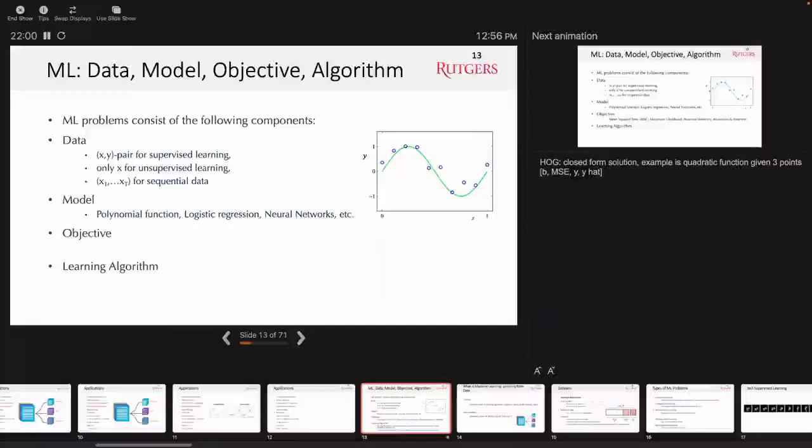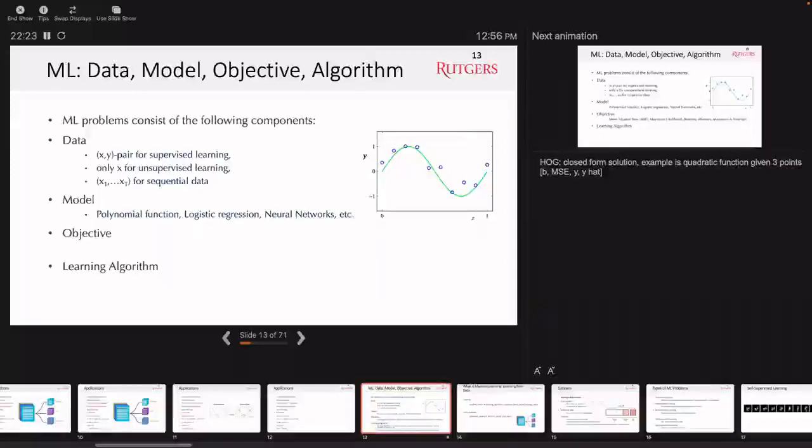Let's say that you have already got your 10 data points, and you already chose a polynomial function as your model. What's next is that you need to find the optimal model given this data.